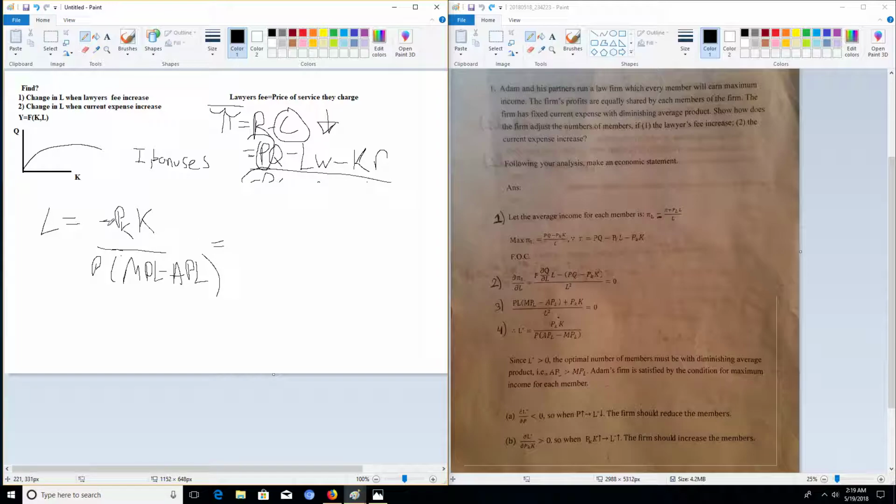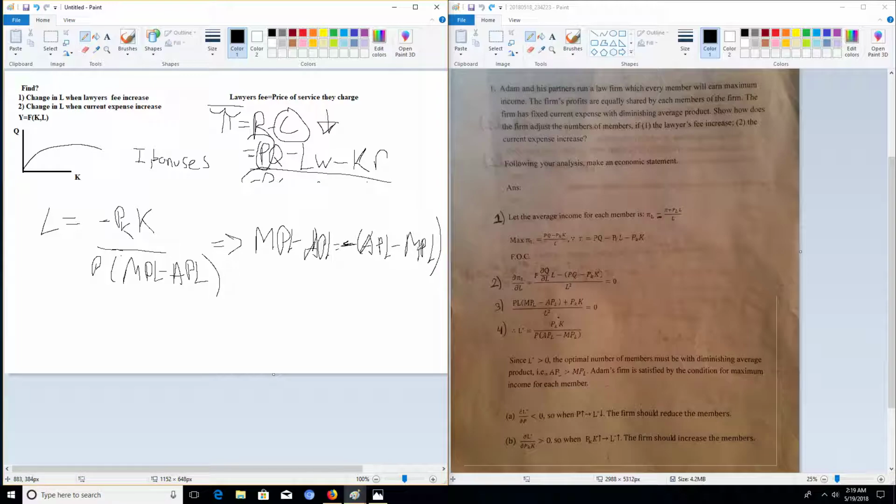But the way you get 4, right? 4 is just simply switching this. I'll show you. MPL minus APL equals negative APL minus MPL, right?